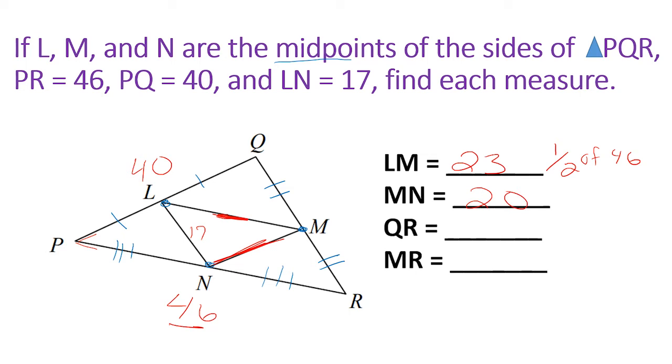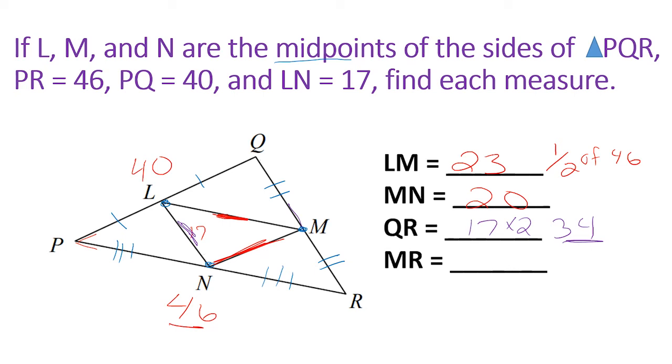If we look at QR here, we don't know the length of QR, but we know the length of LN. The LN is 17, and so the third side would be twice that. And so 17 times 2 will give me 34 for QR. And then MR here, we have 17 for LN.